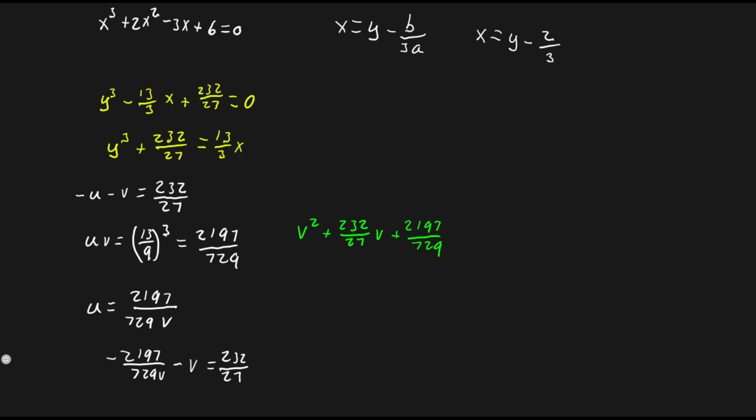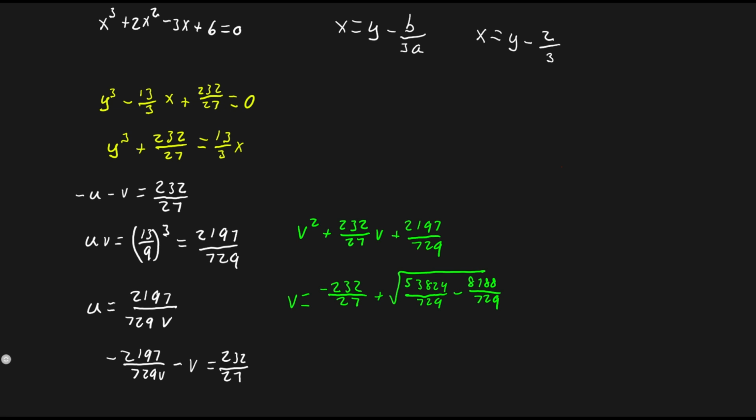So we're just going to solve it like this, where we find v is equal to negative 232 divided by 27 plus the square root of 232 squared, that is 53,824 divided by 729, minus 4 times 2,197, it is 8,788 divided by 729.